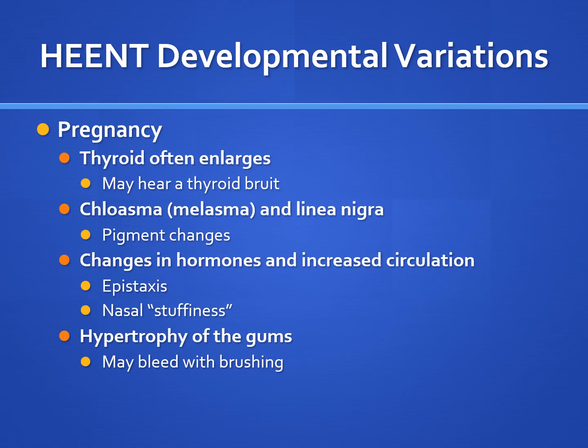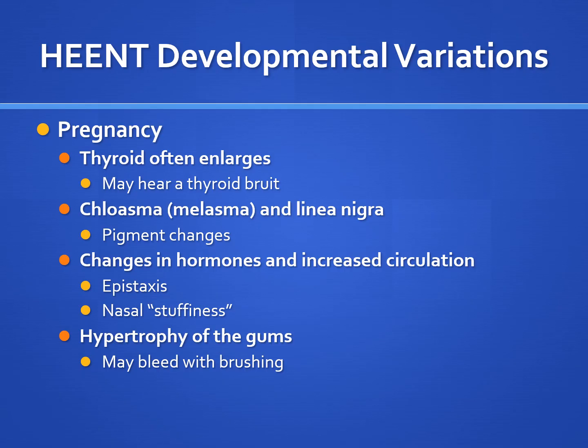developmental variations in head, ears, eyes, nose, and throat, because things like pregnancy, where we are seeing normal physiologic changes with pregnancy, might not be normal for someone who is not pregnant, right? So we see thyroid changes.